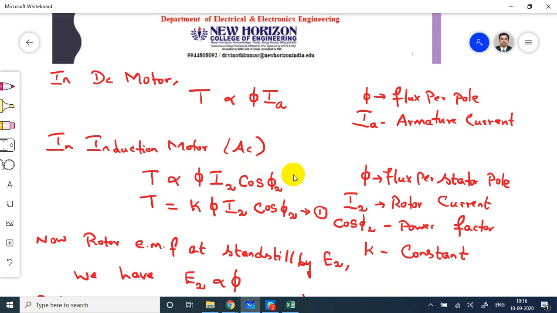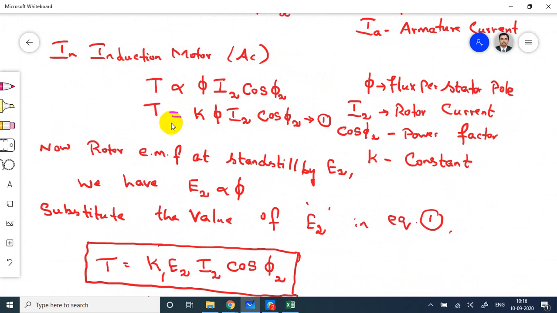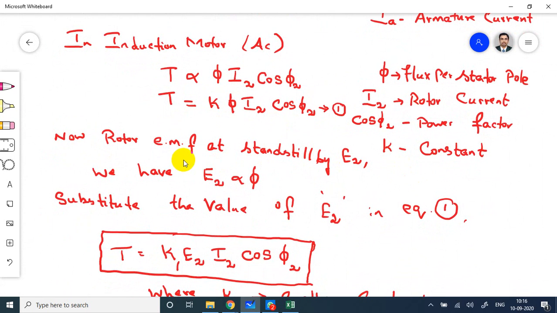Now if you replace the proportional symbol with equality, you get a constant K into I2 cos phi 2. Now the rotor is not running, it is in the standstill position. So in the standstill position, the flux is directly proportional to the rotor EMF. E2 is the rotor EMF.